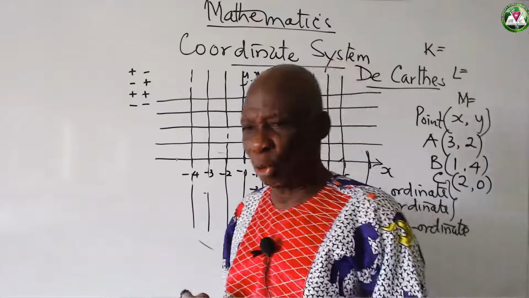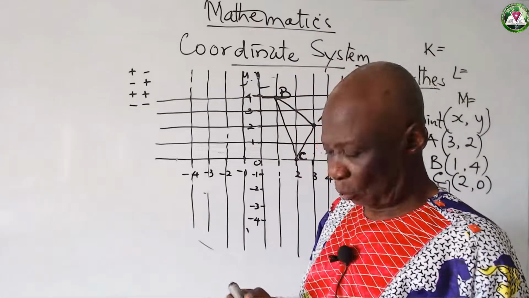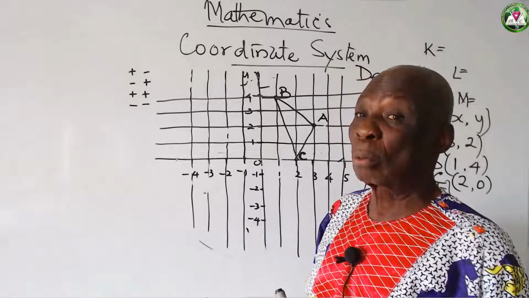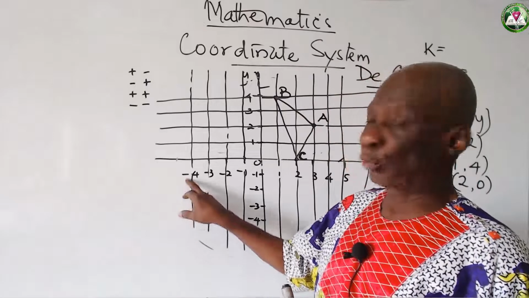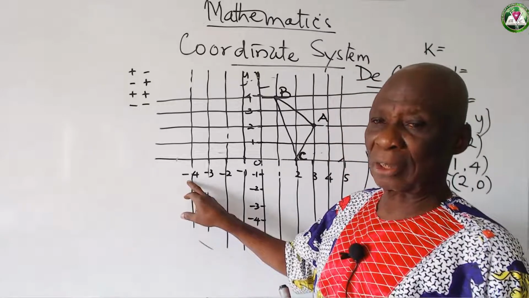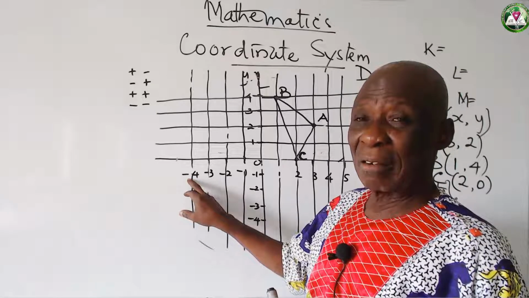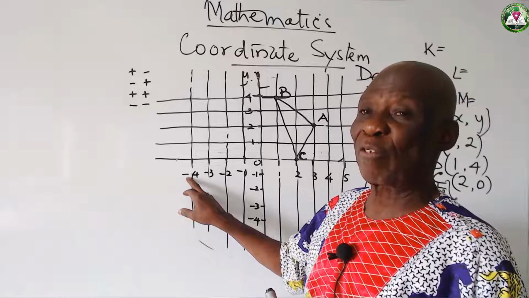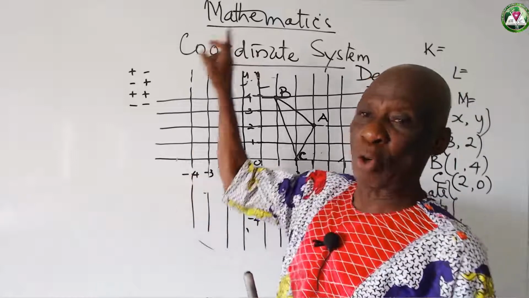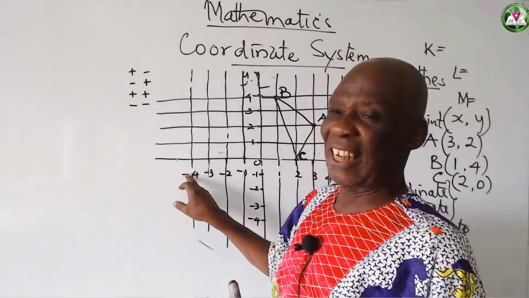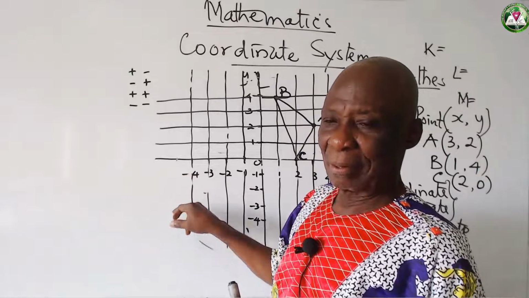So what am I going to do now? -4, 4. Remember, we start from X. So -4 on X. We need the Y. They said -4, 4. It means that the 4 is positive. The 4 is not negative. So I'll go up. If the 4 is negative, I'll go down.